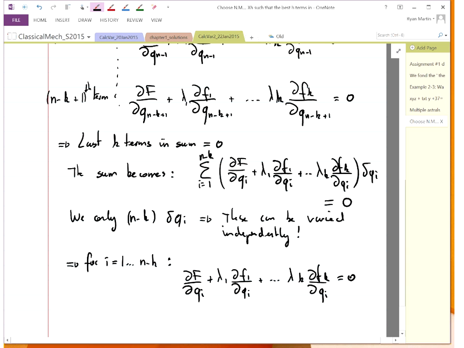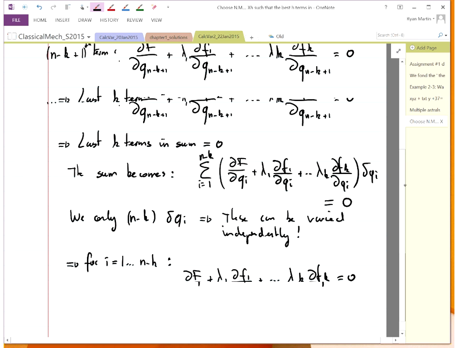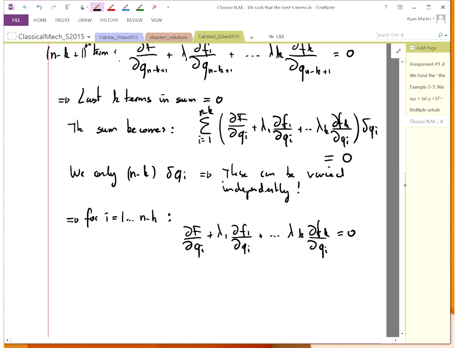So we have n minus k such equations. Right? So this is true for q1, q2, all the way up to qn, right?